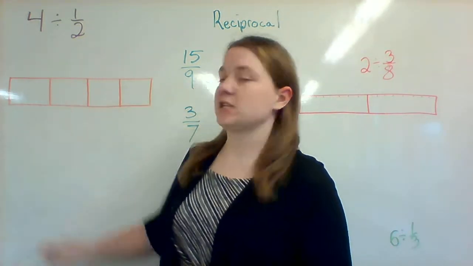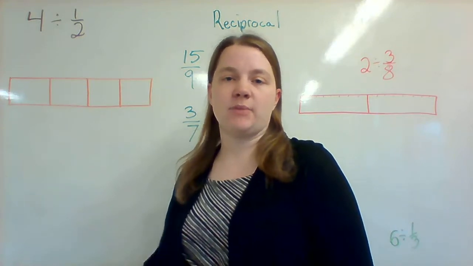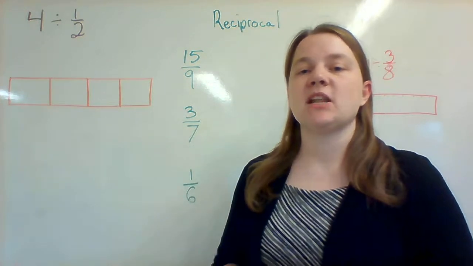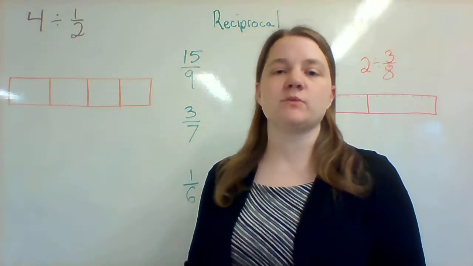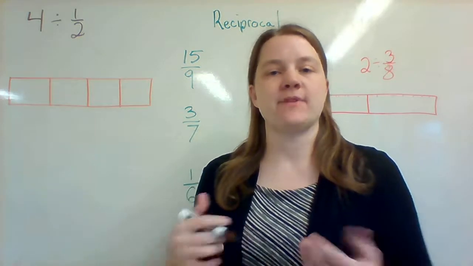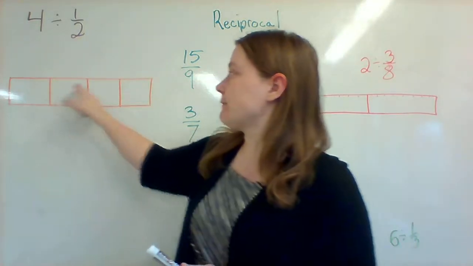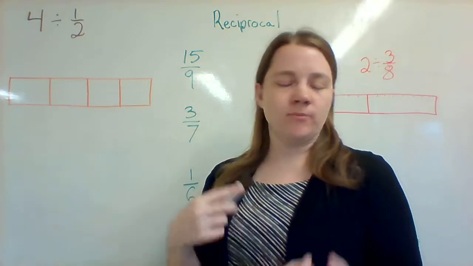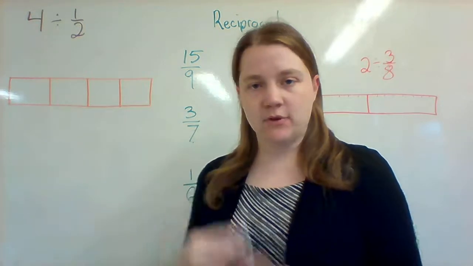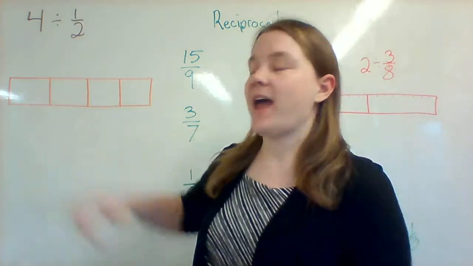So if we take a look at this problem, 4 divided by 1/2. What this basically means is we have 4 things and we're going to break them into halves. We're going to divide them into half sections. So I have 4 things right here, and I'm going to break these 4 pieces of chocolate, crackers, whatever you want them to be, into halves.